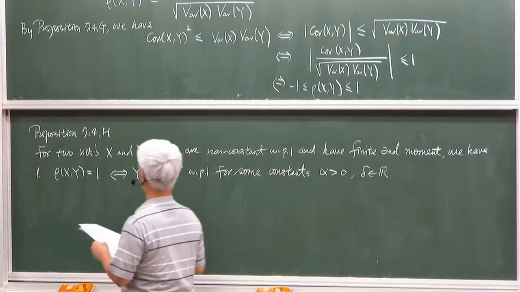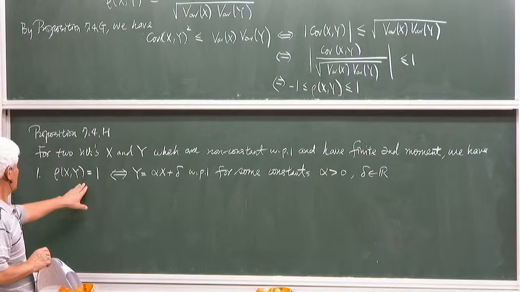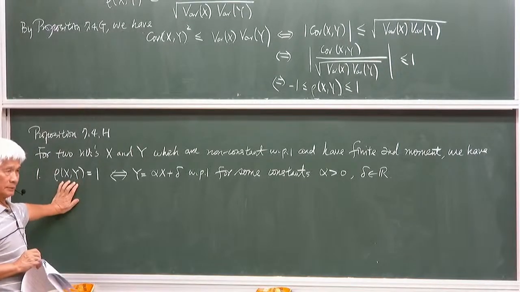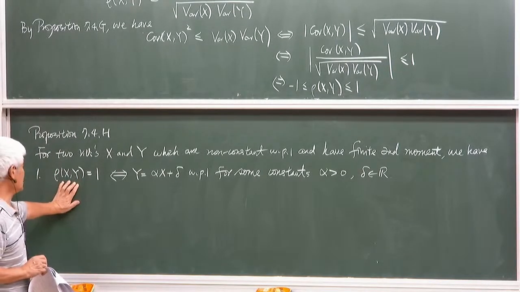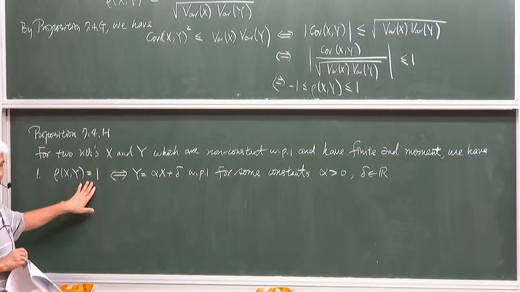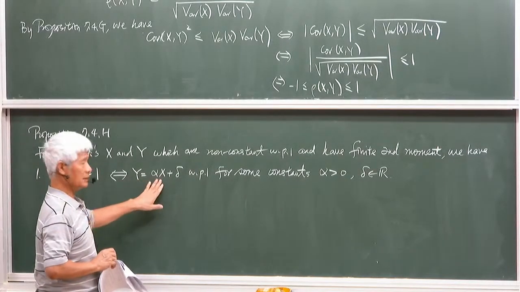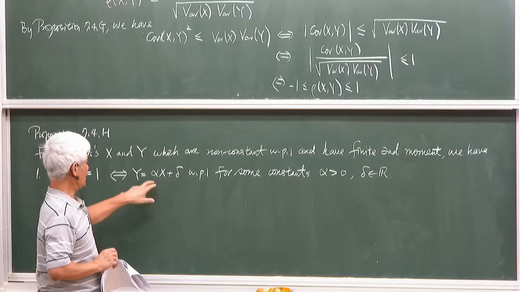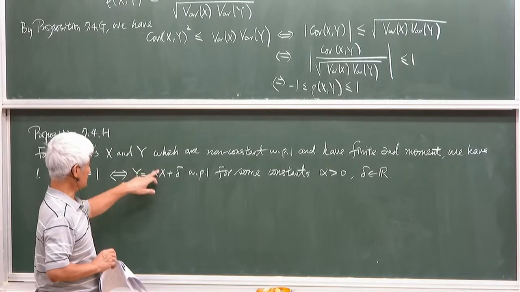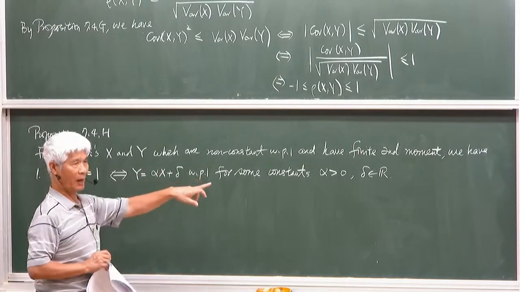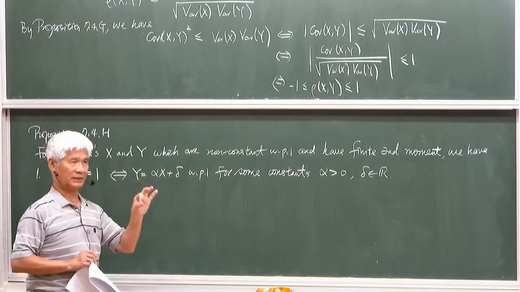So if the correlation coefficient between X and Y is equal to 1, then Y is a linear function of X with leading coefficient alpha, which is positive. So they have positive correlation.